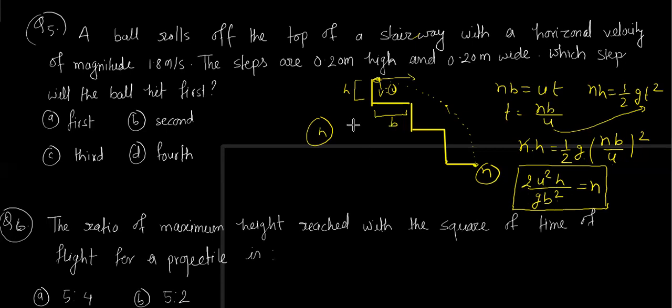Using this expression, this value is 1.8, so 2 times 1 is the square of 1.8, and the height of an individual staircase is 0.20, the value of g is 10, and the value of b is 0.20.